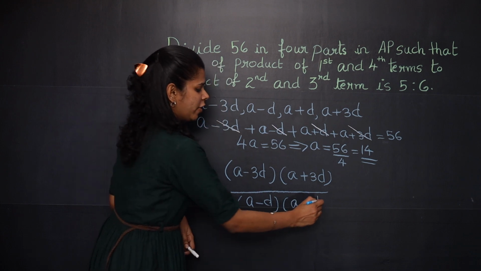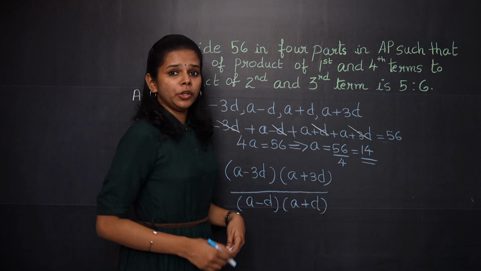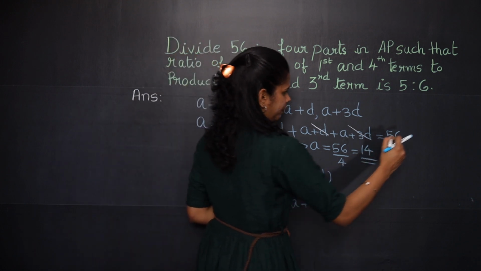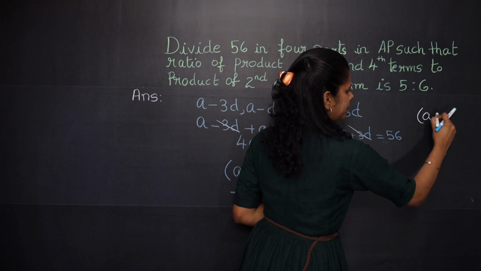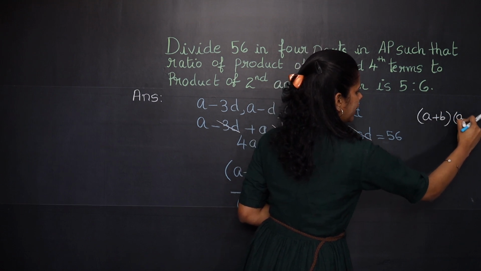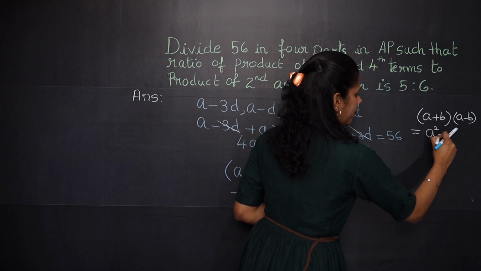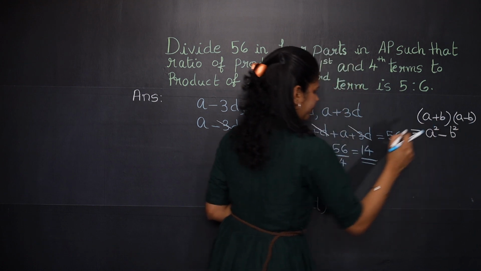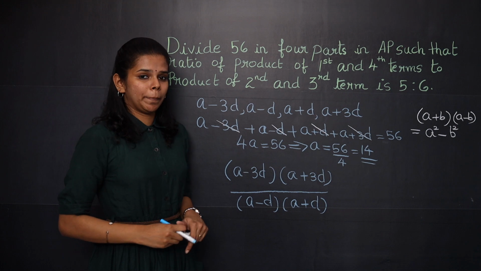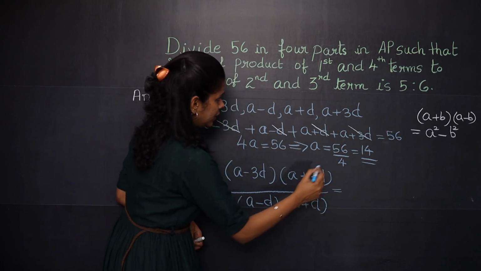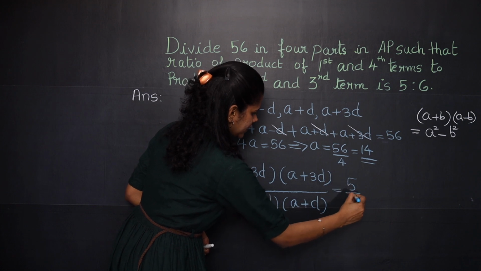So here, before you move on, you should apply an identity here. Which identity? You know (a + b) into (a - b) is equal to a square minus b square. So here we are going to apply that. So it becomes, this is equal to 5 by 6.